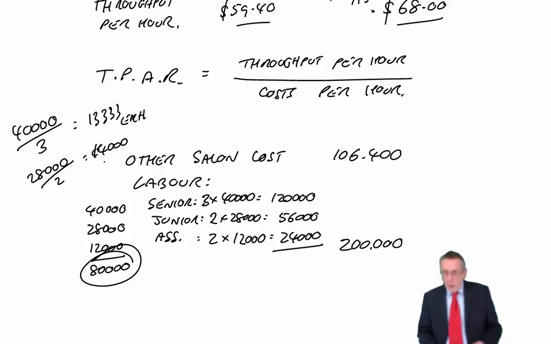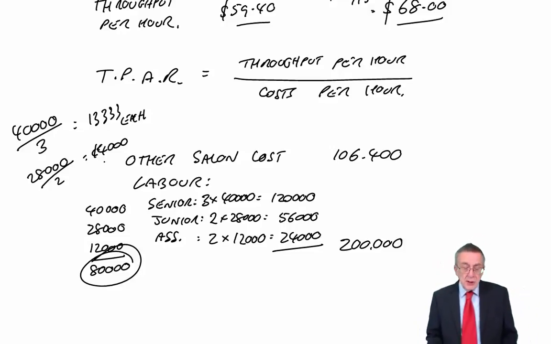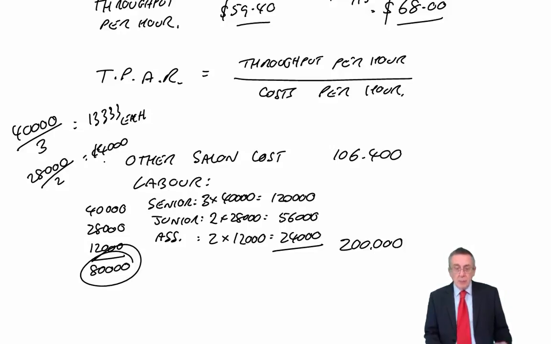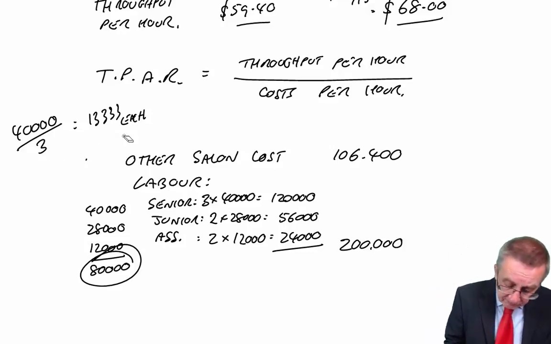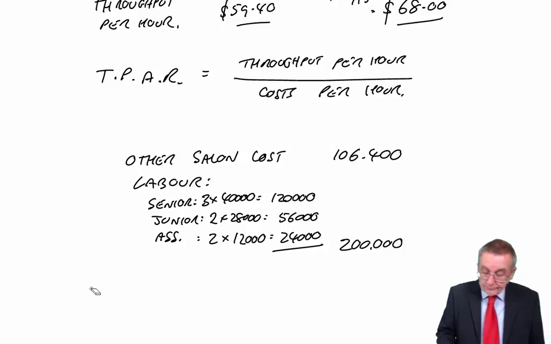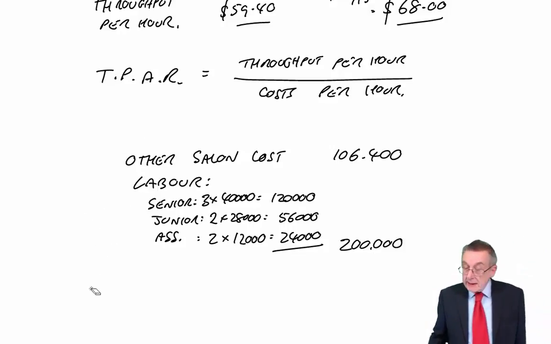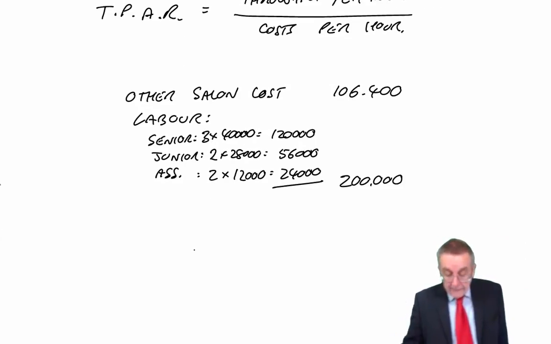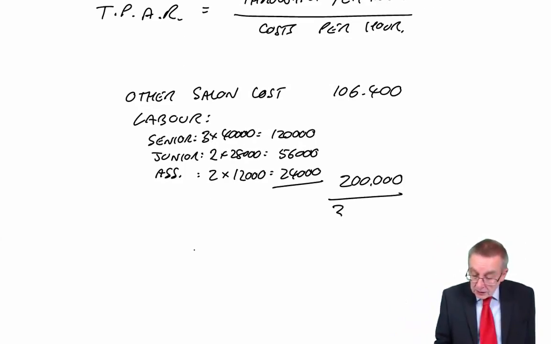Well, I thought that was a bit odd. You would expect, whatever country you're in, you'd expect senior to be paid more than junior, but still. Anyway, nothing to worry about. Either was accepted. However, it does mean on my figures the total is 306,400.